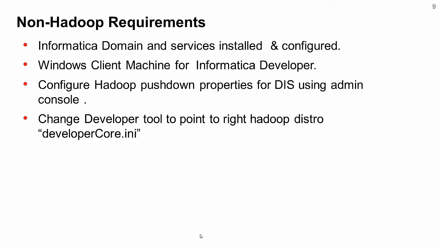You need to configure Hadoop pushdown properties in the DIS using the Administrator tool, and you would need to change the Developer tool to point to the right Hadoop distribution that you're using. And we'll walk through some of these. I'll show you some of these properties towards the tail end of the session.